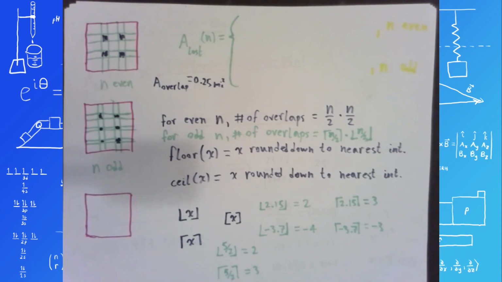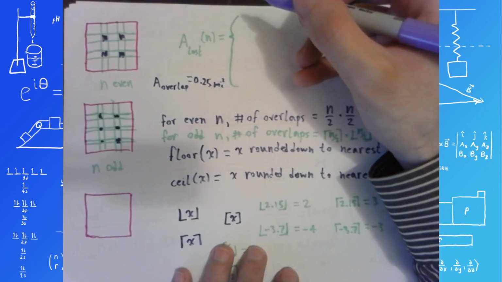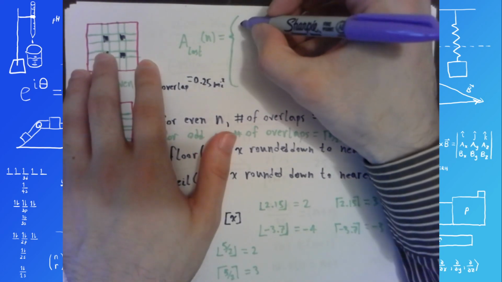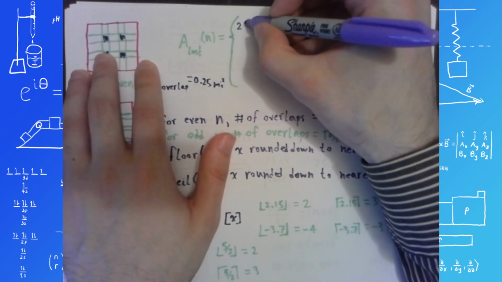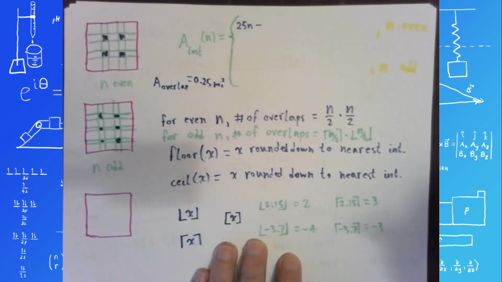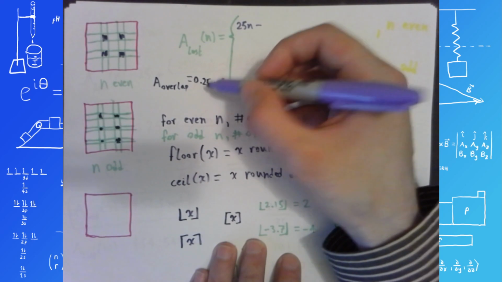the total area lost, the area of fire breaks for n even, is just going to be 25 times n minus n over 2 times n over 2 as the number of overlaps, times the area of an overlap, which is 0.25.